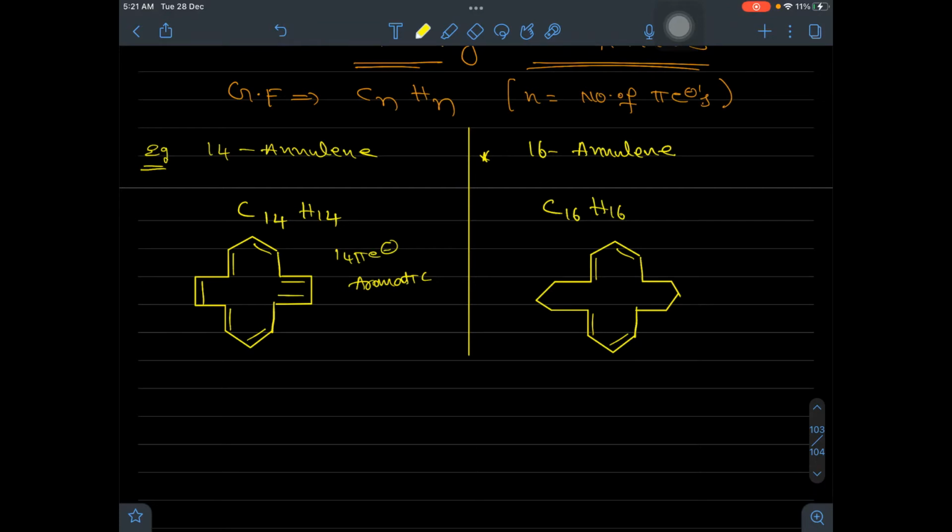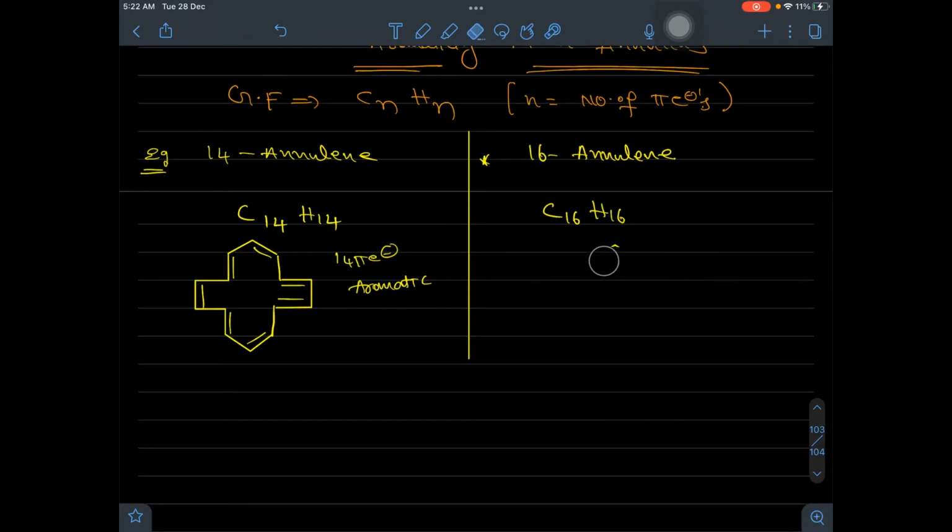This is [14]annulene. Pi electrons are 1, 2, 3, 4, 5, 6, 7. 8 pi electrons should come. Let's draw its structure once.